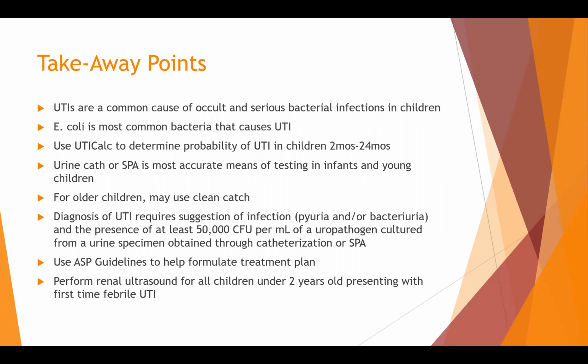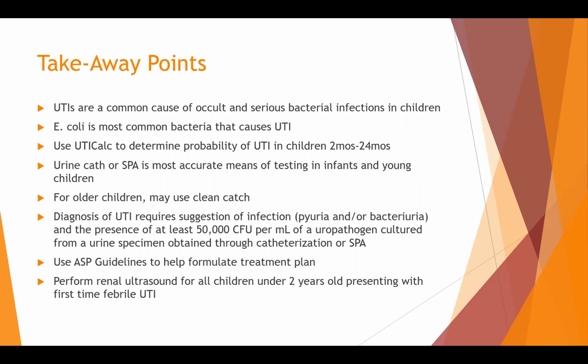With UTI, like we mentioned, E. coli is the most common cause. You guys can use that UTI calc I brought up, and let me know if you need me to re-give you that website, or you can Google it. Certainly a cath is the most accurate means of testing. In older children, it's much easier to instruct them to use the clean catch.